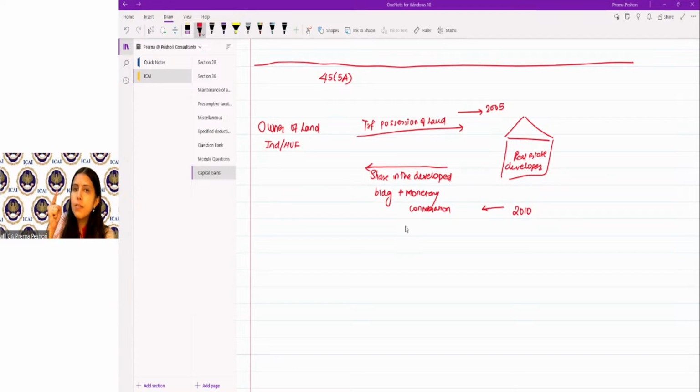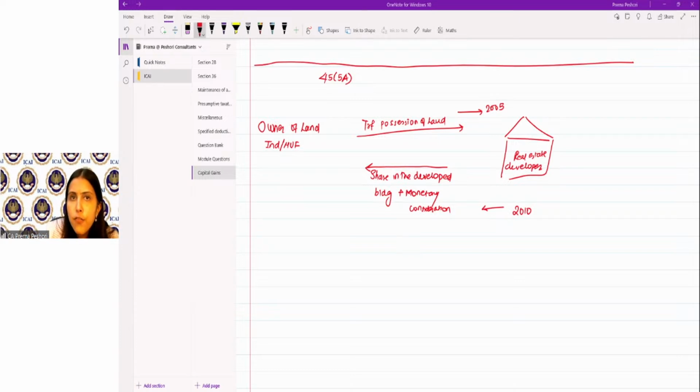However, there is a specific section 45(5) which defers the taxability, defers the capital gain till the year of receiving the completion certificate.